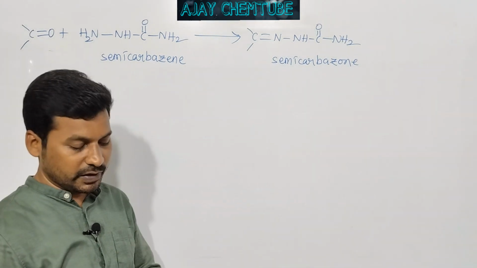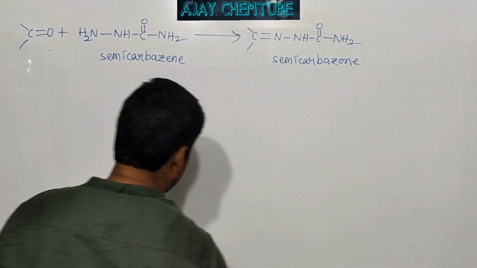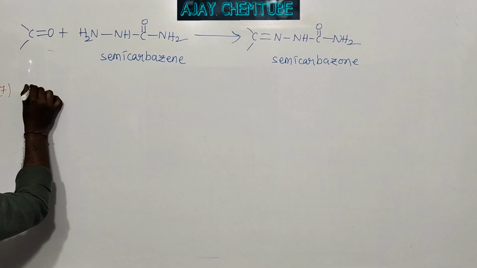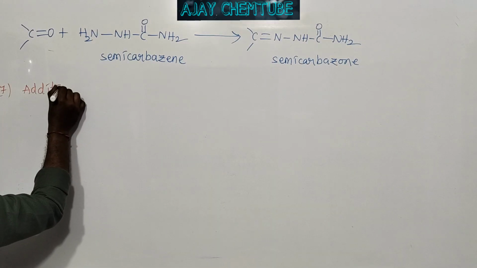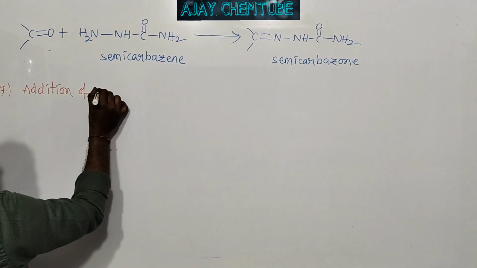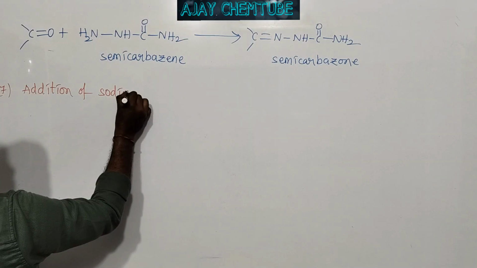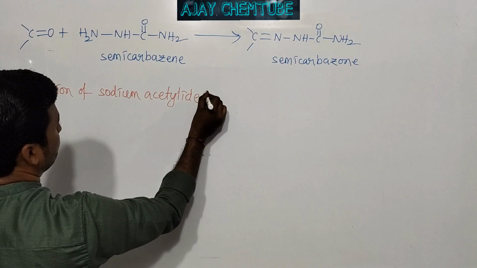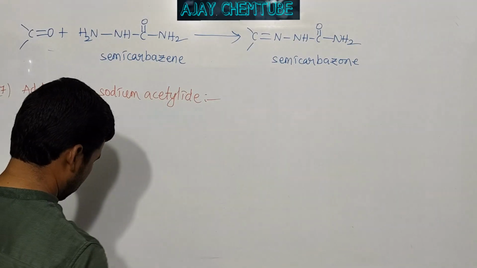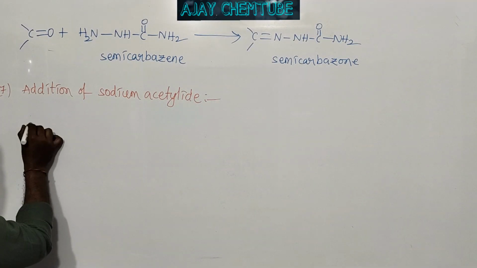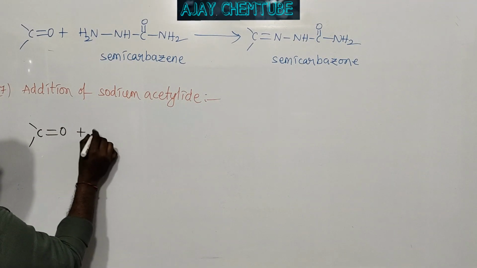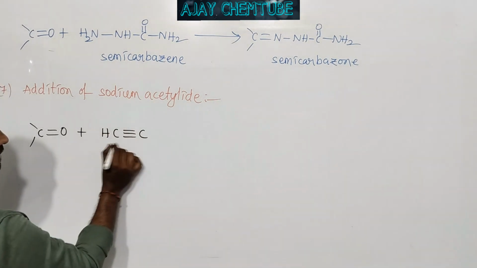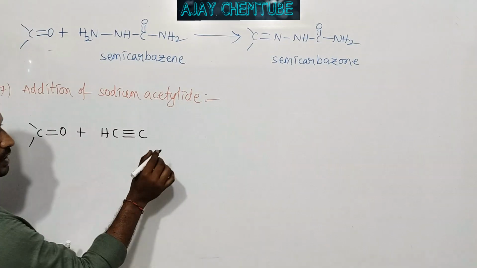Addition of ammonia derivatives is done. And next one is addition of sodium acetylide. Seventh one, last one, addition of sodium acetylide. So see this, to the carbonyl compound, I am adding sodium acetylide instead of hydrogen. CH triple bond CH is acetylene.